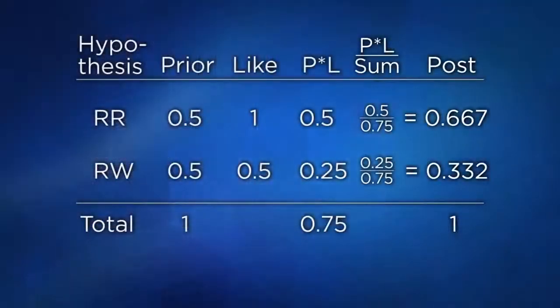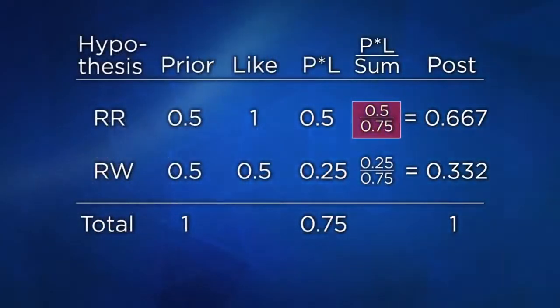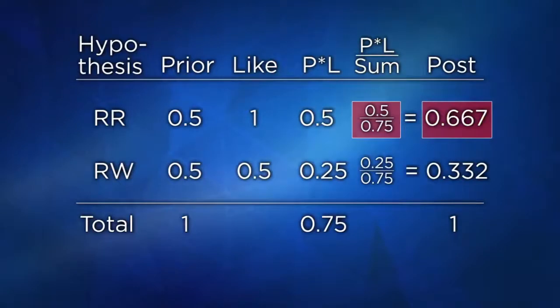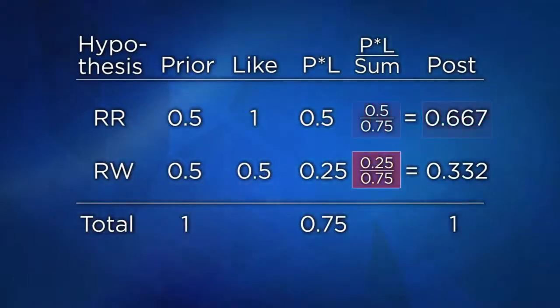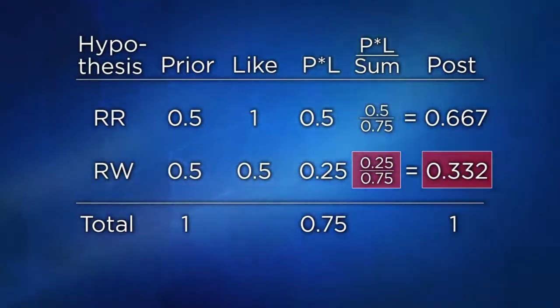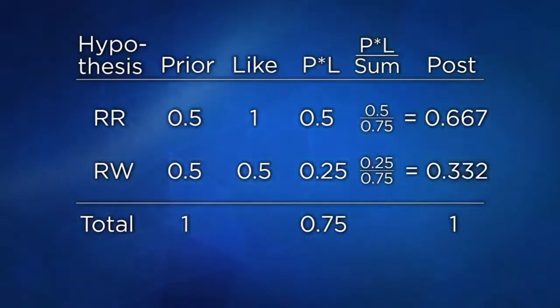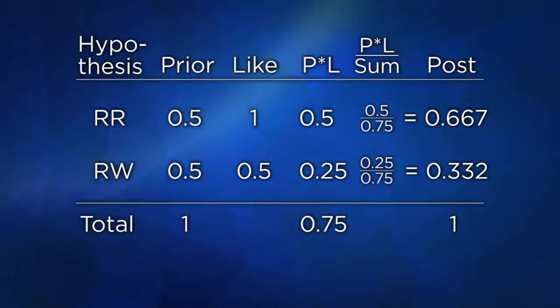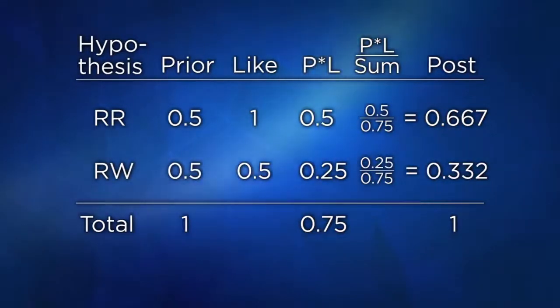So in our example, we've got 0.5 divided by 0.75 for a posterior probability of 0.667. And then we have 0.25 divided by 0.75 gives us a posterior probability of 0.332. Okay, so that's now our updated belief about whether or not we've got two red balls or a red and a white ball.